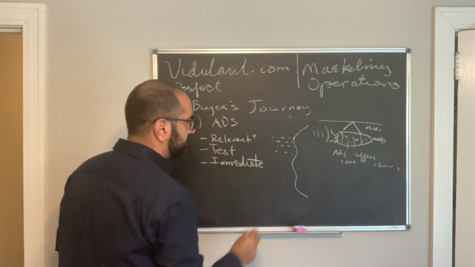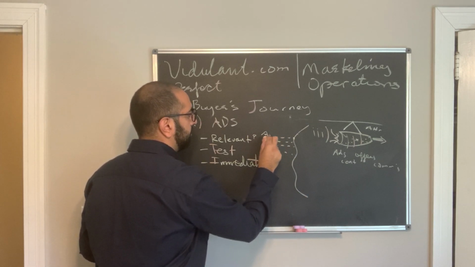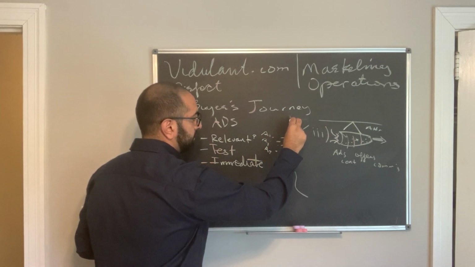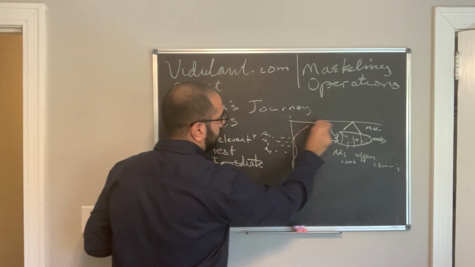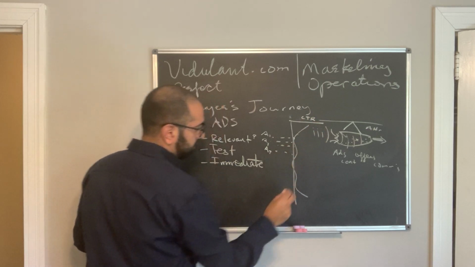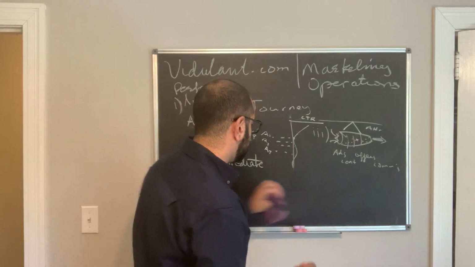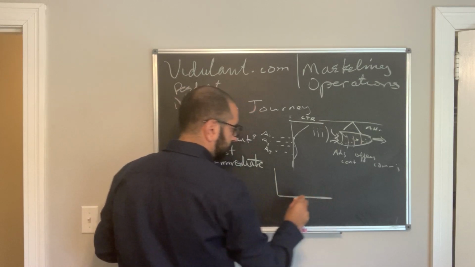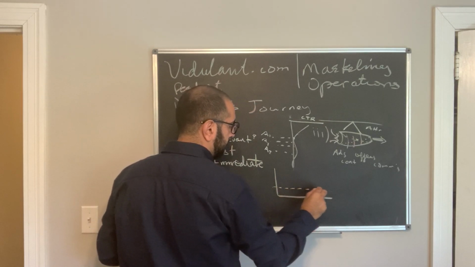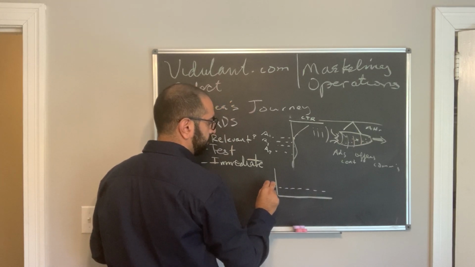Because really what you're doing here, these are your different ads you're sending out, and they're coming back with data. The data is your click-through rate. So in another view, let's say this is benchmark. Let's just say it's 1%.